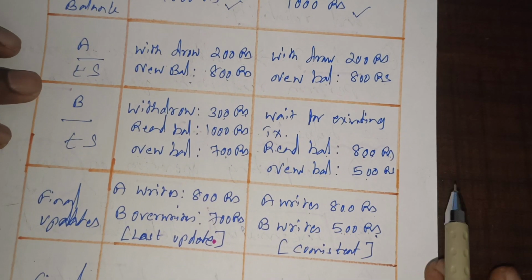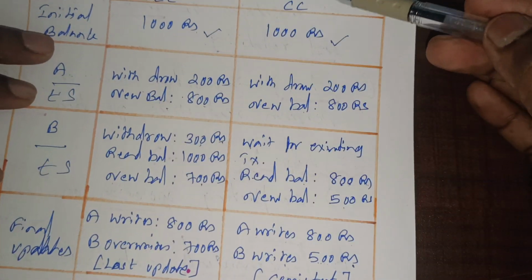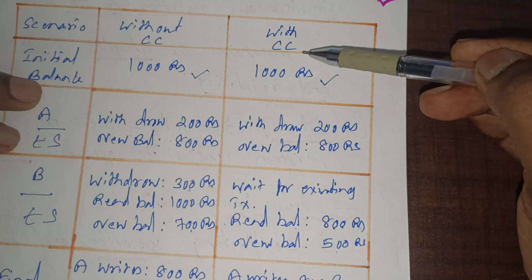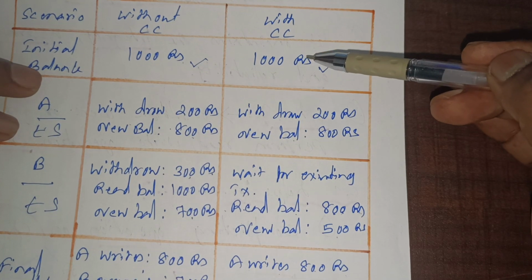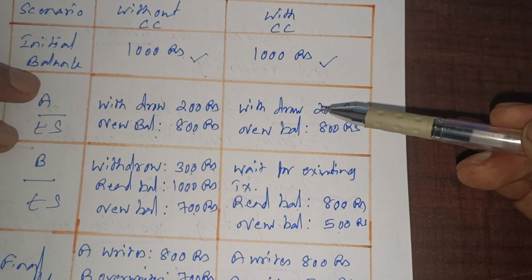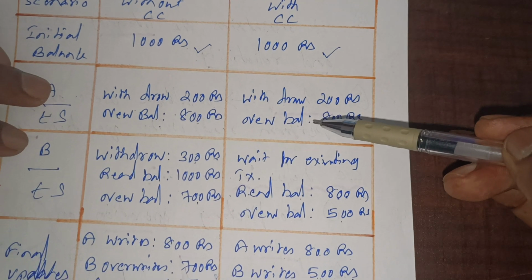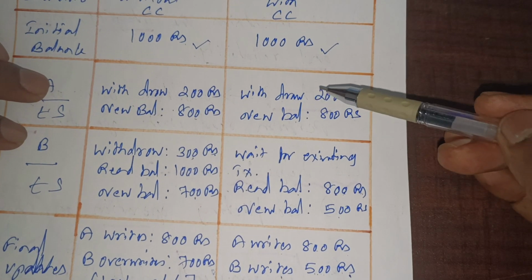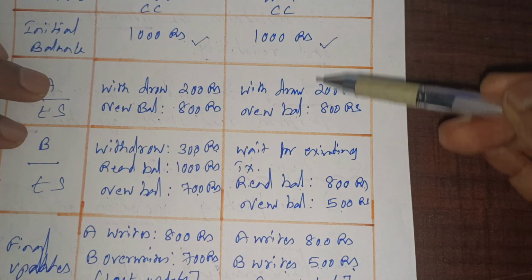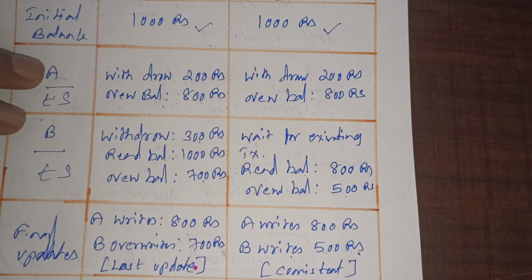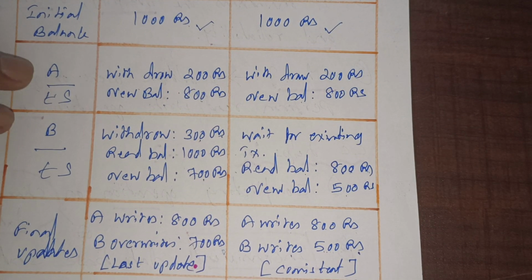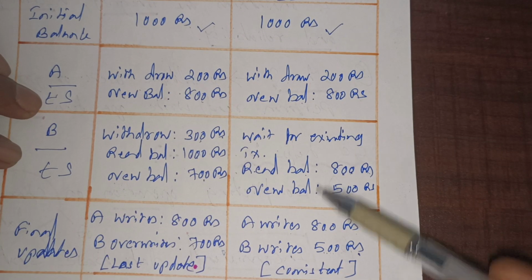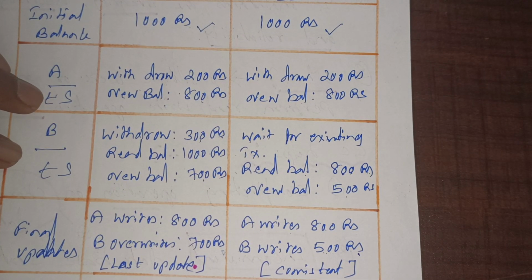So you can see there is no dirty read with concurrency control, there is no inconsistency, there is no inaccuracy, and it is not preventing any multiple user environment. It is allowing everything, and it is avoiding problems such as dirty reads, lost updates and inconsistent reads of the data.